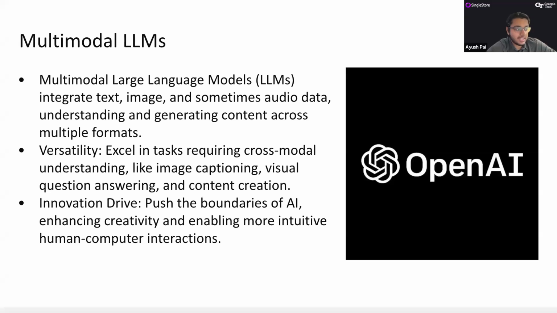They excel in tasks requiring cross-modal understanding like image captioning, OCR, visual question answering, and can do pretty good object detection. It really pushes the boundaries of AI, and I'm really excited to see what we get from GPT-4 Vision, Gemini Ultra, all these different models integrating these different techniques directly into our technologies here.